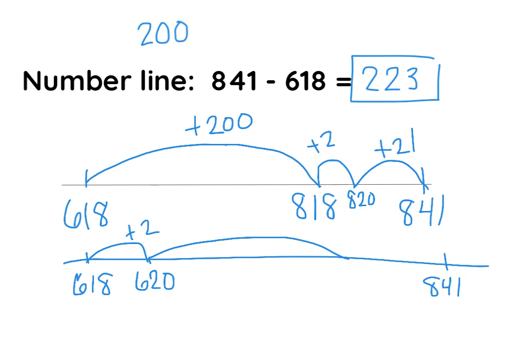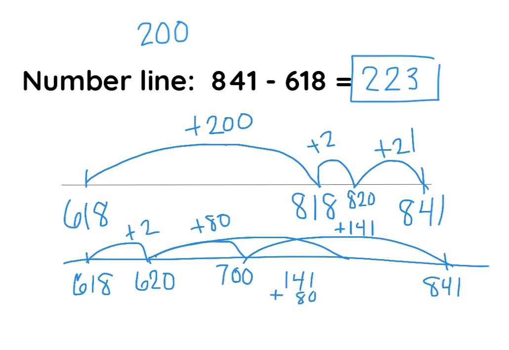Added 80 to get to 700, and then added 141 to get to 841. So then we would have 141 plus 80, which is 221, plus 2 equals 223.